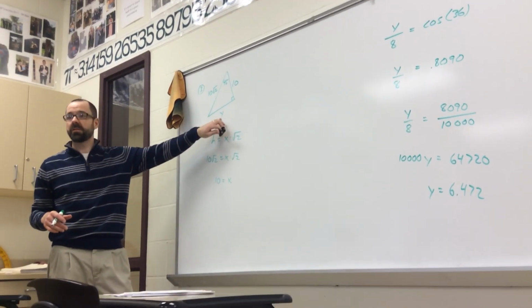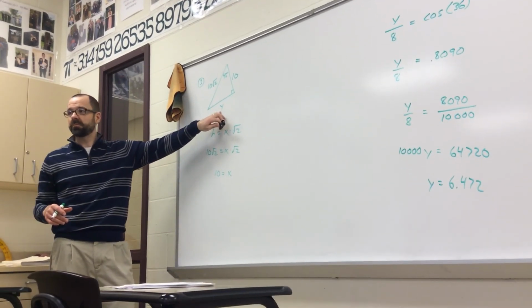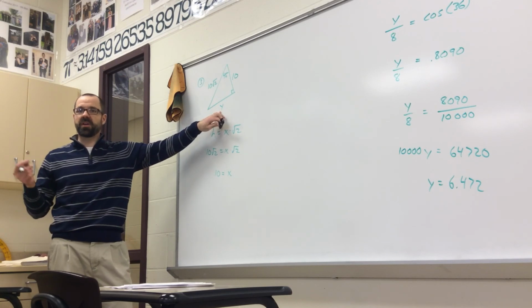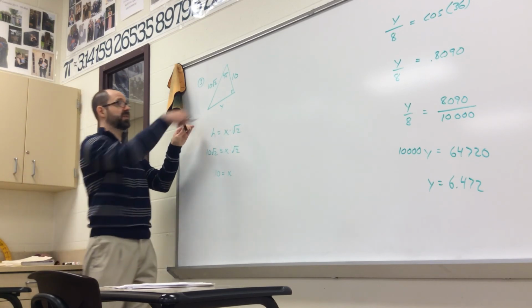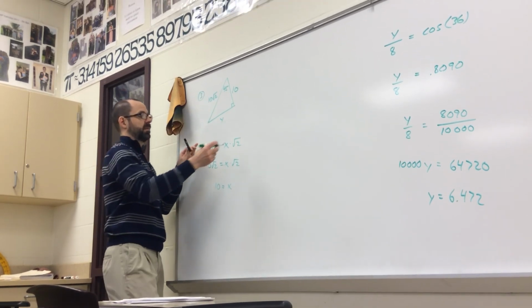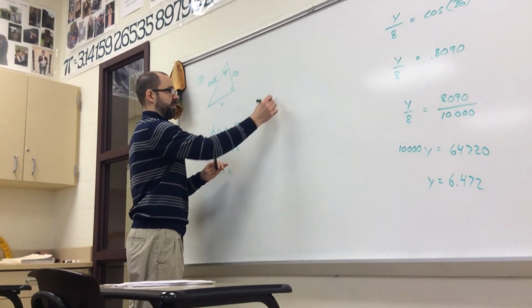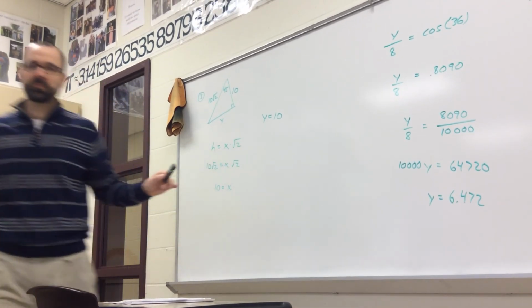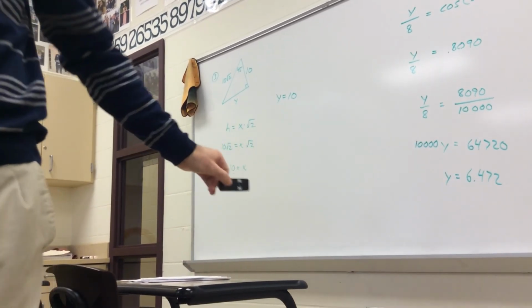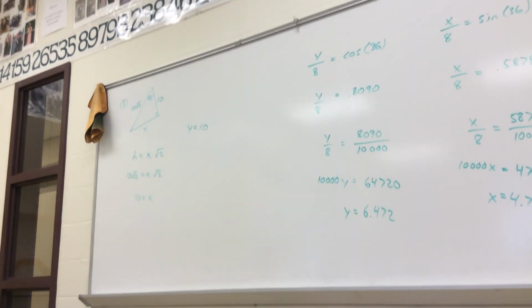What's this? 10 also. Remember the 45, 45, 90 is isosceles? So that means both of these are 10. So y is 10 also. Okay, so sine, cosine, tangent, they're new, but they're just fractions.